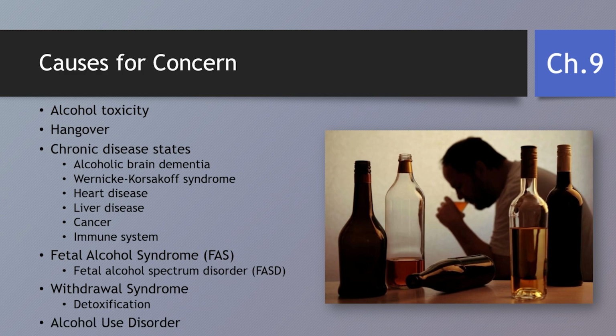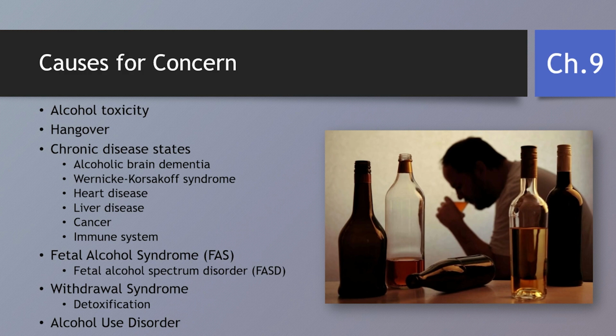All right, and then lastly here, we'll end with alcohol use disorder, just general views of alcoholism. And there's 2 general approaches here. We have the view of Alcoholics Anonymous, or AA, which is their opinion is basically that alcohol dependence is a progressive disease characterized by loss of control over drinking.